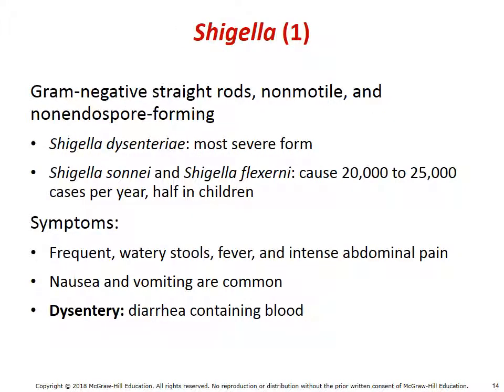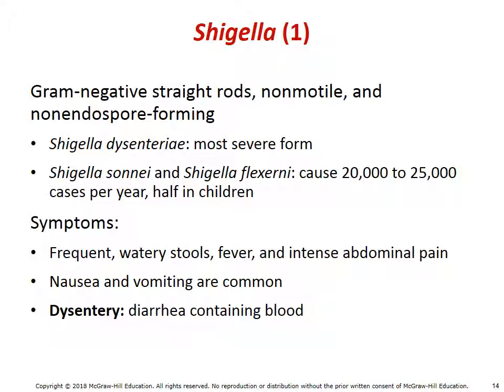So let's move on to Shigella. Shigella is going to be a gram-negative rod. It's going to be non-motile and non-endospore forming. There are going to be several different species of this, including dysenteriae, which causes dysentery, which, again, if you don't know, dysentery is significantly bad, which is often marked by having blood in the stool. So diarrhea with blood is often called dysentery.